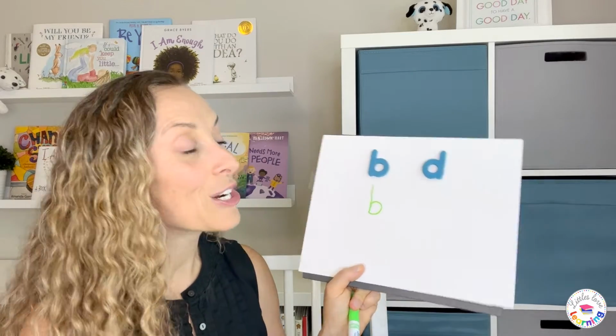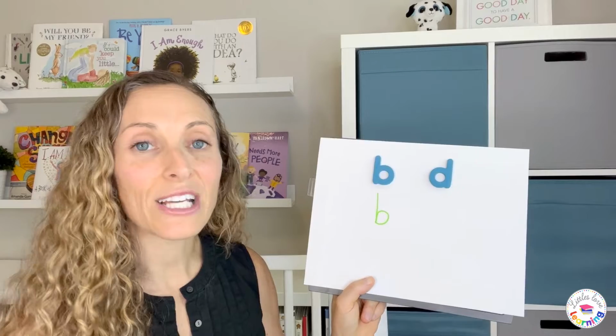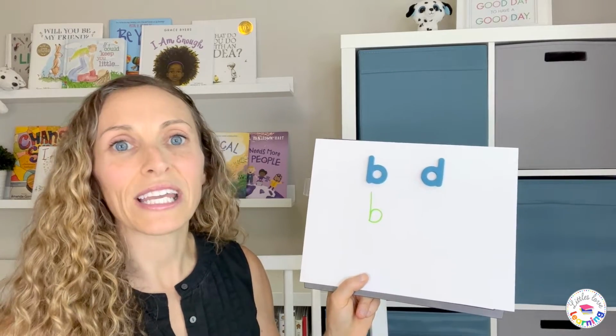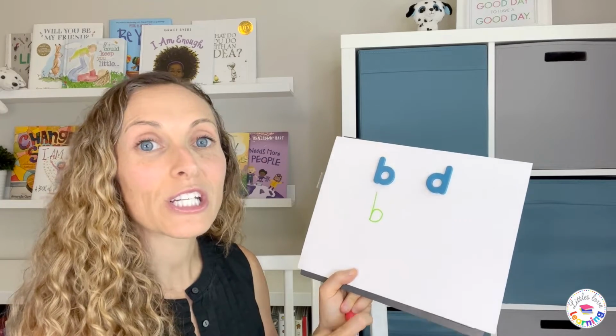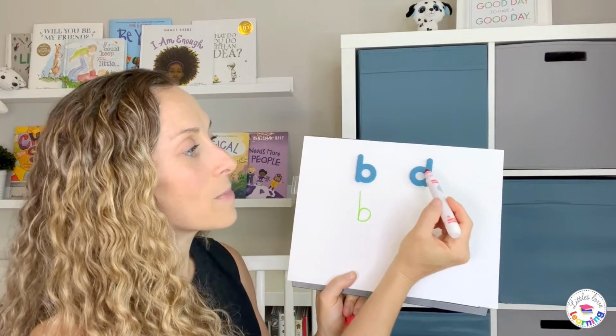Now for the letter D, it is not a straight line letter. It is actually what I call a 2 o'clock letter. So it's a circle letter. We're actually going to start at 2 o'clock to form the letter.